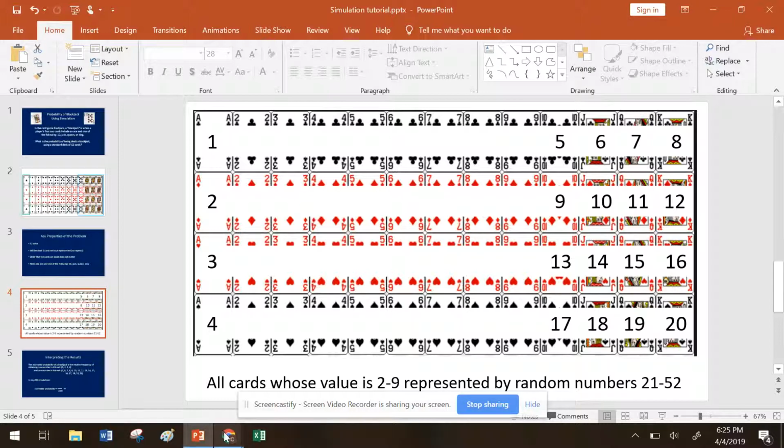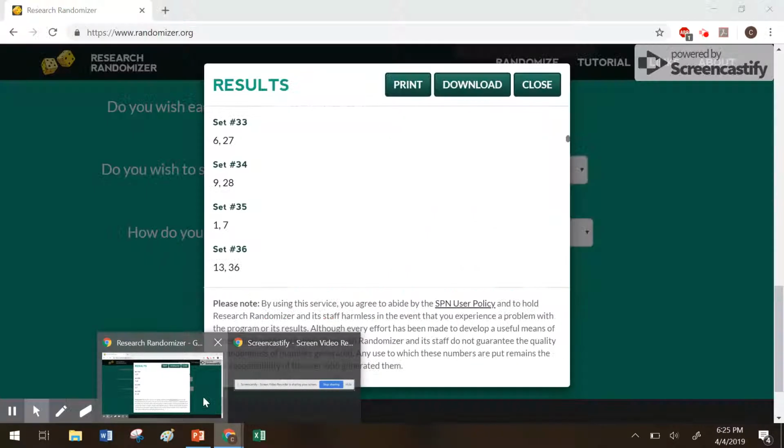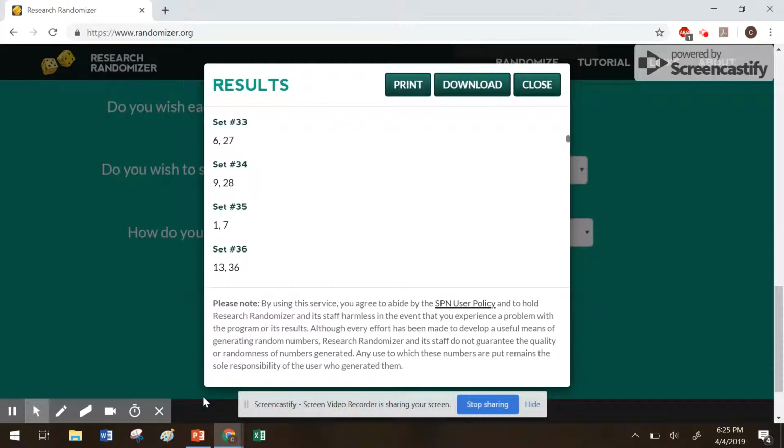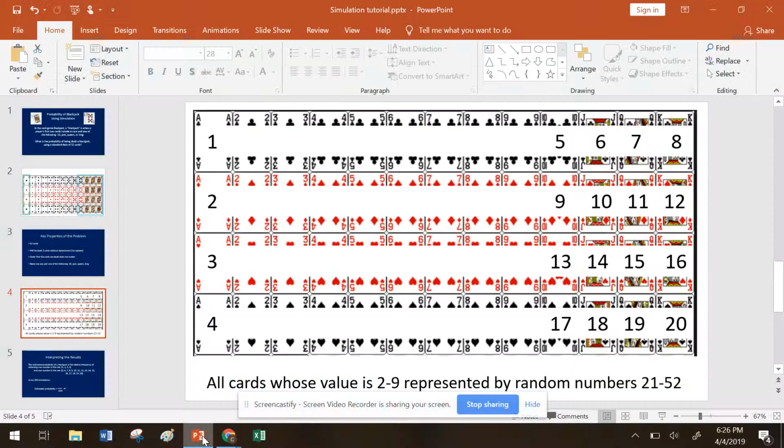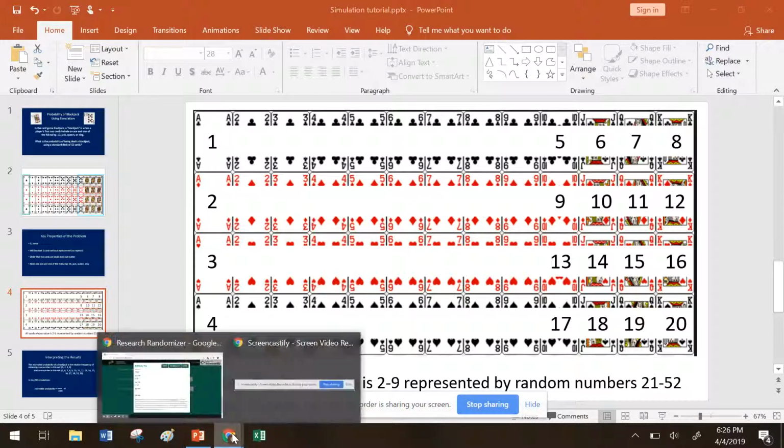I'm going to keep a little tally on my notepad here. And let's find one more, and then I'll speed things up. Okay, 3 and 7. That was the ace of hearts and the queen of clubs again. So that's our second blackjack. I'm going to make a tally mark on my notepad.